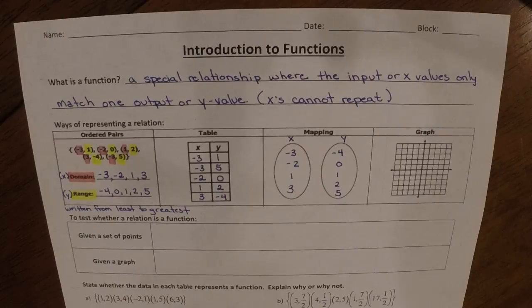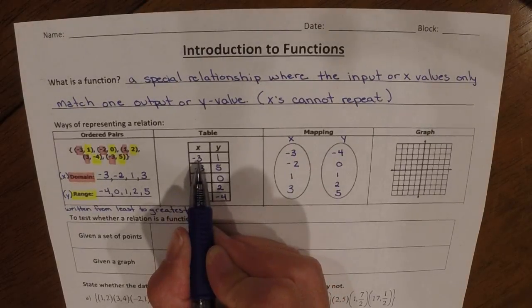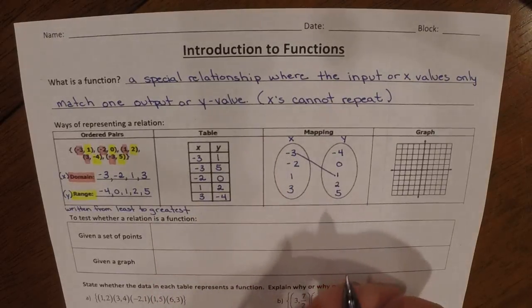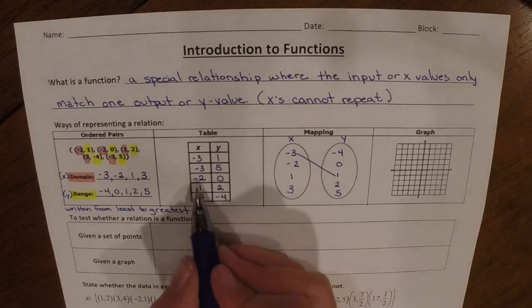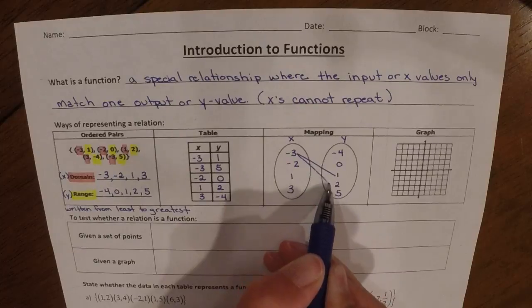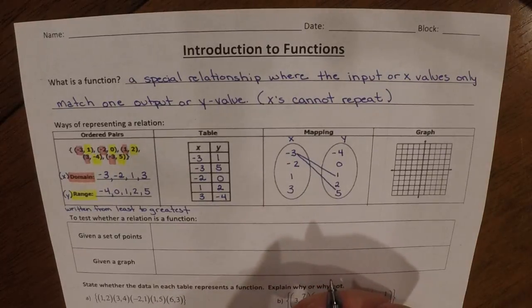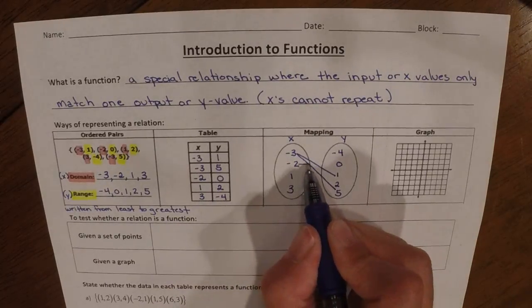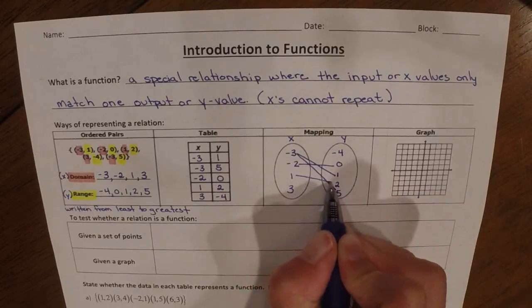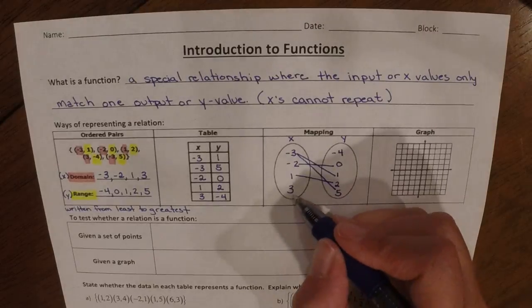And then to make ordered pairs, we draw lines. So we're supposed to go from -3 to 1. So I would draw a line from -3 to 1. Then I'm supposed to go from -3 to 5. So I would go from -3 to 5. Then -2, 0, 1, 2, and 3, -4.